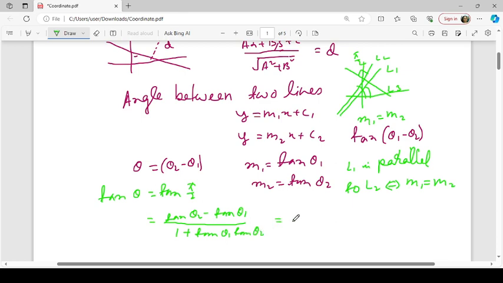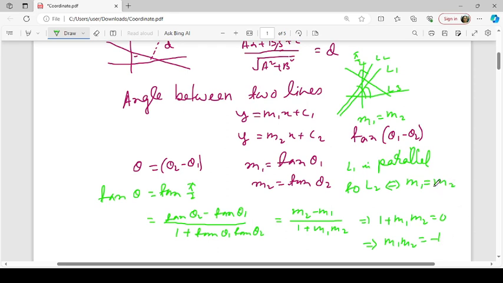In place of tan theta 1 we write m1, then it is m2 minus m1 over 1 plus m1 m2. So tan of pi by 2 is infinity. Infinity means the denominator is 0. So this implies 1 plus m1 m2 is equal to 0. So the product of their gradients is minus 1. So m1 m2 is equal to minus 1.